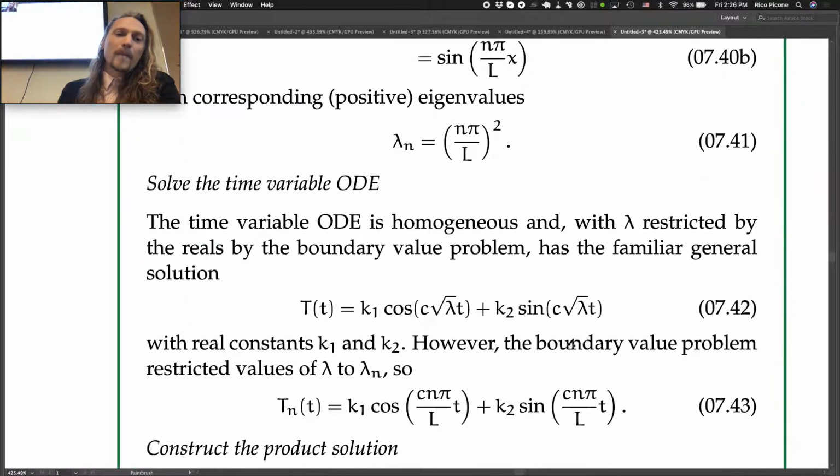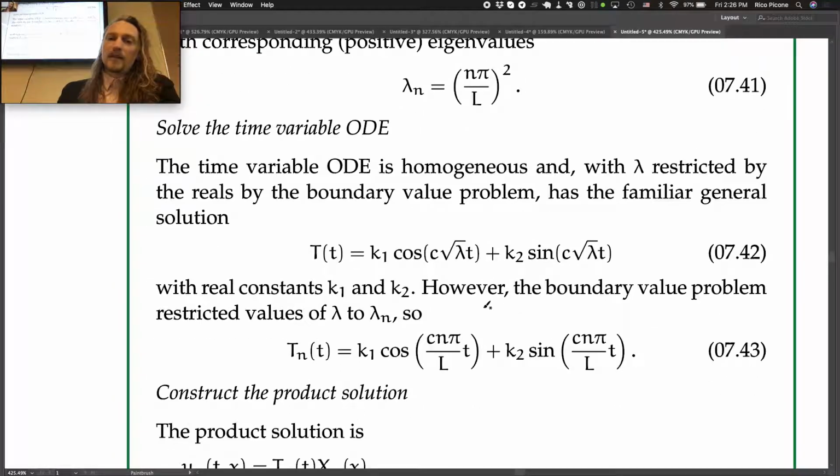Solve the time variable ODE. The time variable ODE is homogeneous and with lambda restricted to the reals by the boundary value problem. It has the familiar general solution that the time solution is a sinusoid, right?